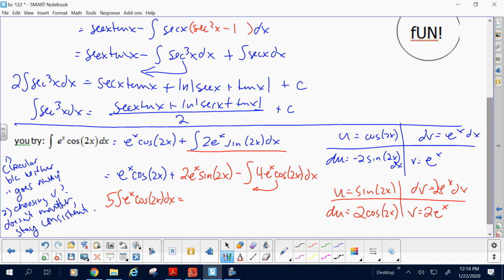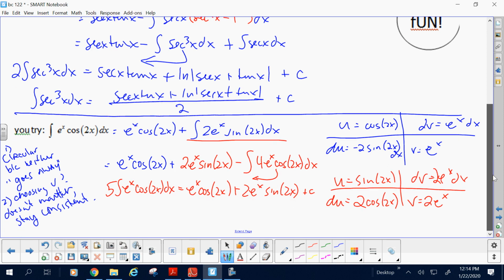E to the x cosine of 2x plus 2e to the x sine of 2x. And then a C in there. And then the end result then is the original problem, the integral of e to the x cosine of 2x dx, is all that divided by 5.